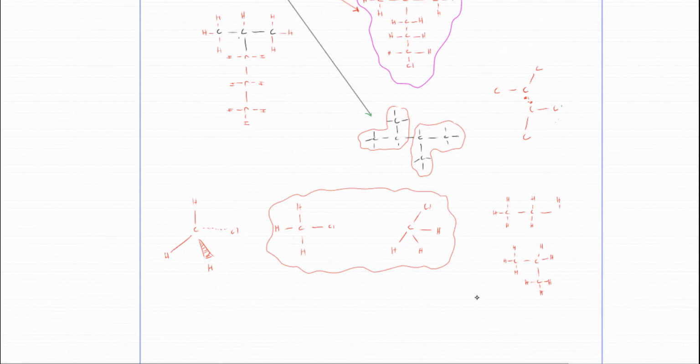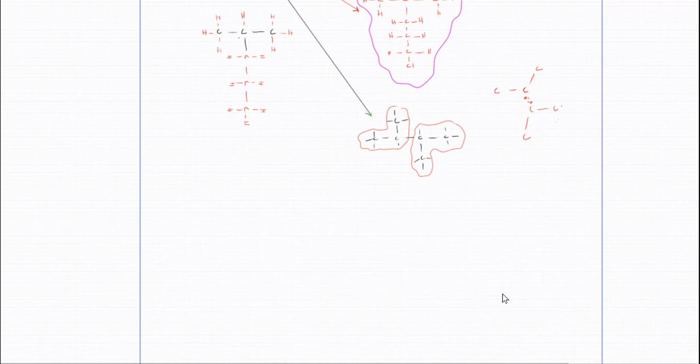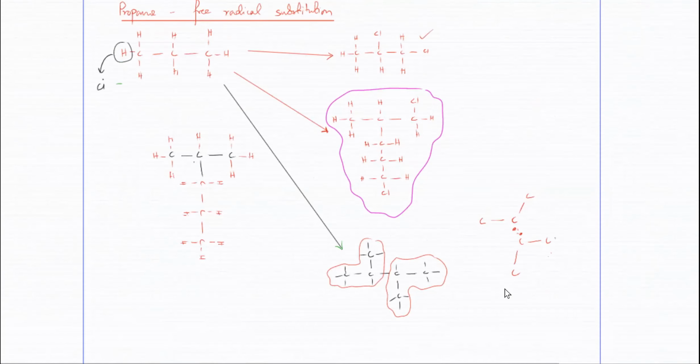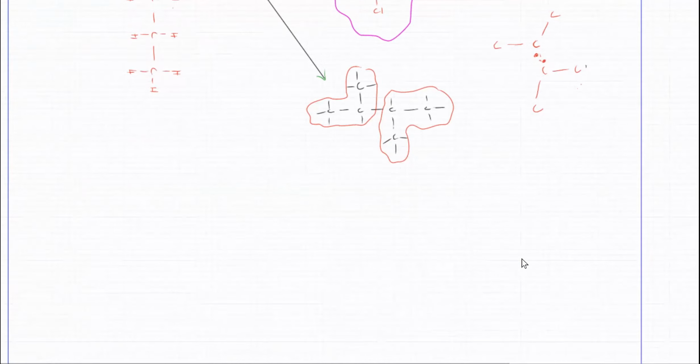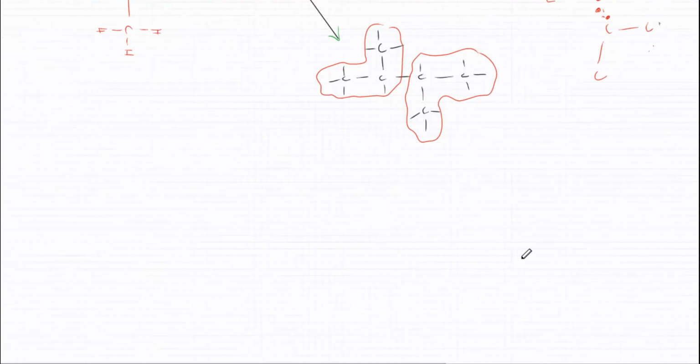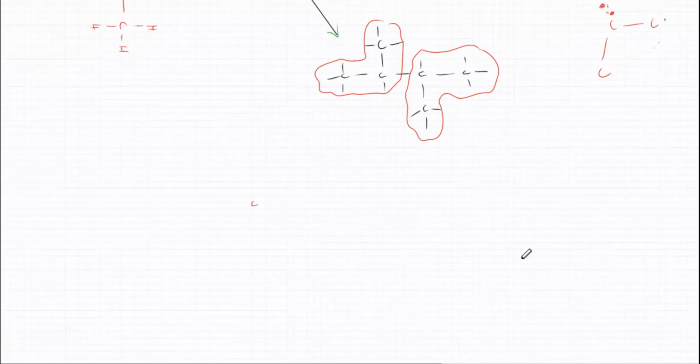So the point is that during free radical substitution, the molecules can have many different shapes. Let's do another one. Is this possible?